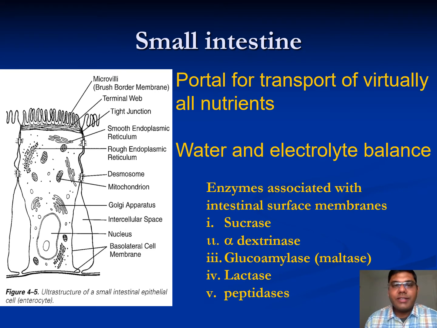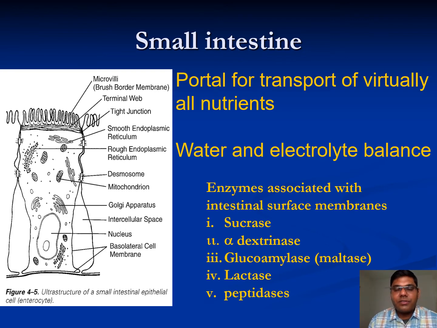In the small intestine, there is a portal for transport of all the nutrients. The small intestine has this brush border of epithelial cells, wherein all the nutrients are absorbed inside, and they have a basolateral cell membrane on the bottom, right?